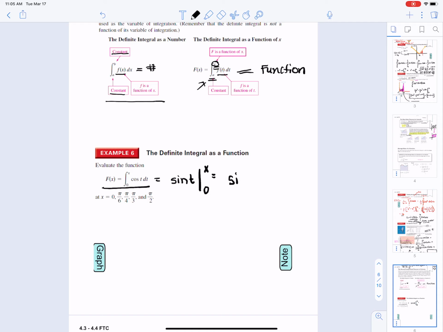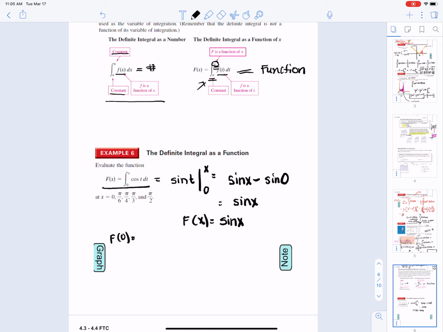So this would be sine of x minus sine of 0, which is just sine of x. So it's telling me that the area under the curve from 0 to some value of x is given by the sine of that value. So now I'm just going to sub in the values I'm given.